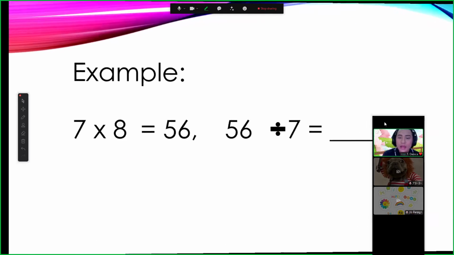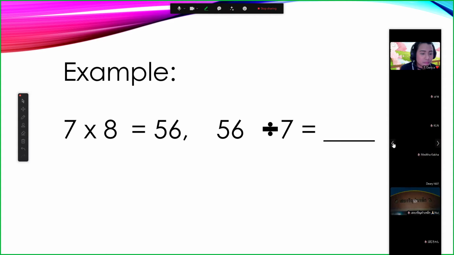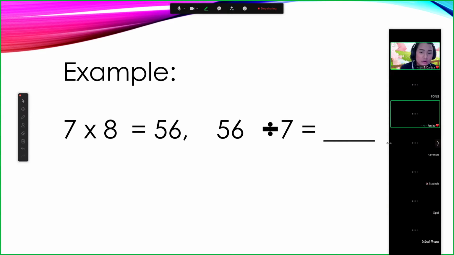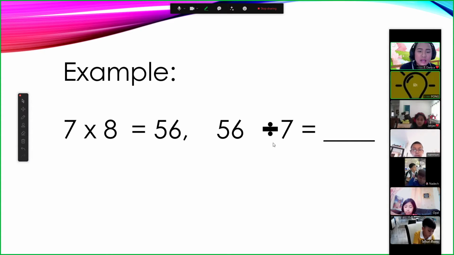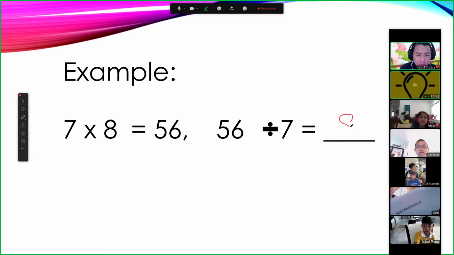Alright. Next, number 2. 7. Everyone read. 7. 56. Good. 56, how do you read this? Divided by 7 is what? 8.